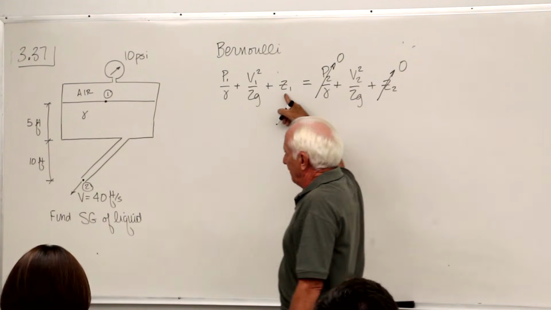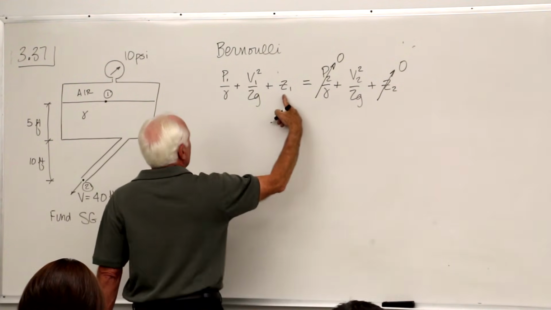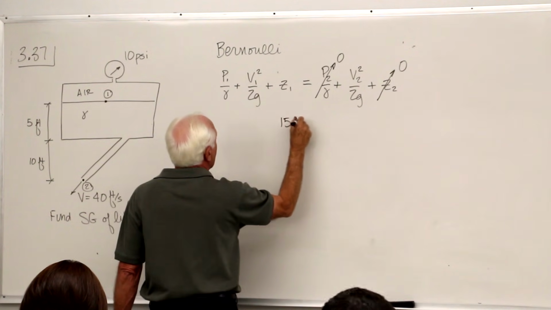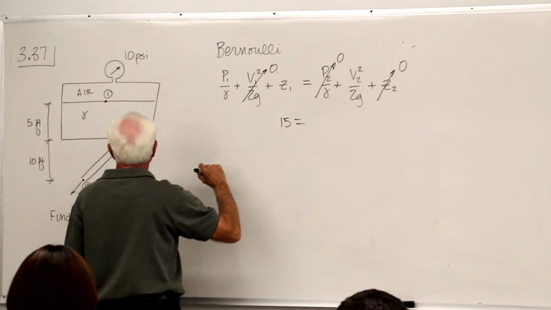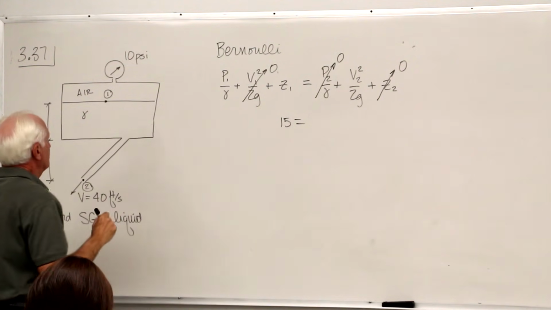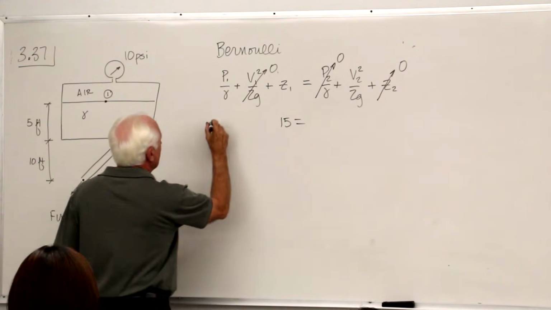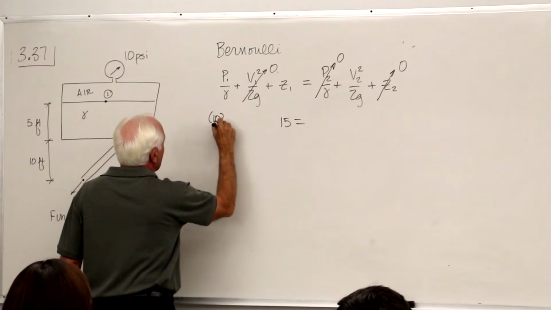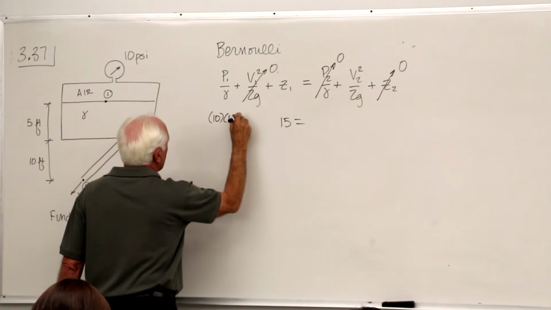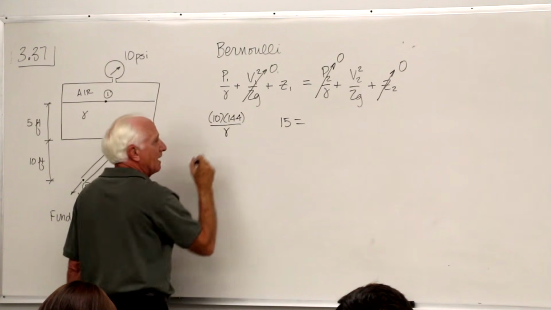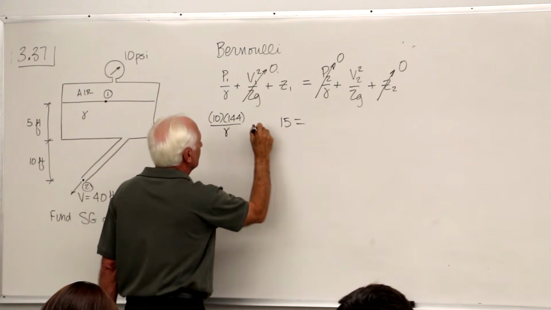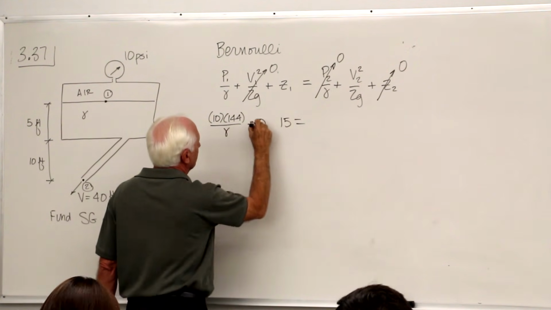How far above is point 1? 15 feet. What's the velocity at 1? 0. The pressure at 1, 10 psi, times 144, divided by what? Gamma of what? The fluid in the tank. Gamma, I don't know it.